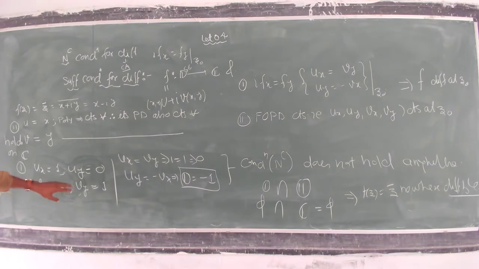So ux is equal to vy, alright. Uy is equal to minus vx, so it will be zero only, right? One second, I think there is some mistake, right?